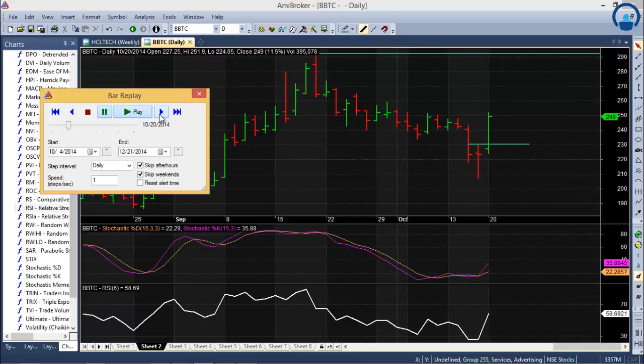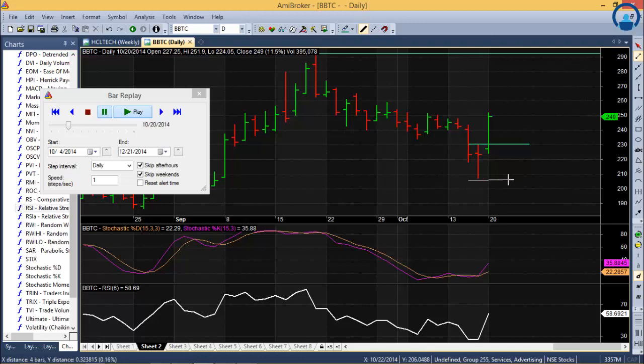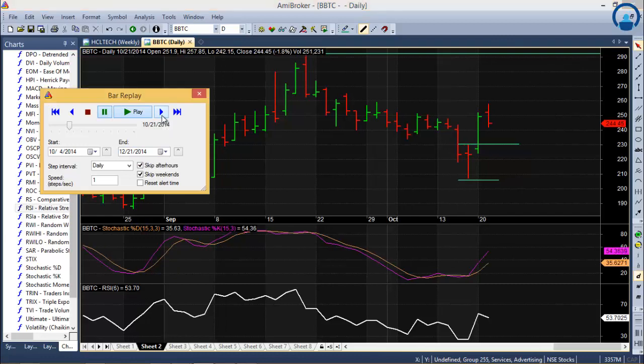You can see the next bar took out the high of the current bar and we entered the trade at 230. We place a stop at the recent swing low, that is at this bar. Let's see what happens next.